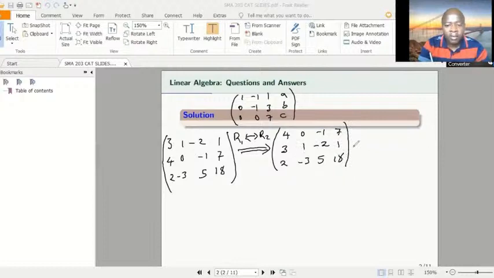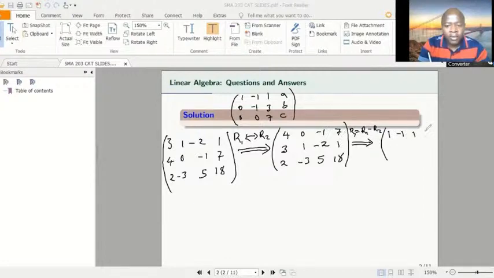Now, let me subtract row 2 from row 1. My new row 1 will be the current row 1 minus row 2. So 3 from 4 will be 1. 1 from 0 will be -1. -2 from -1 will be 1.